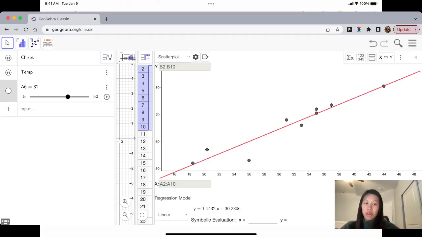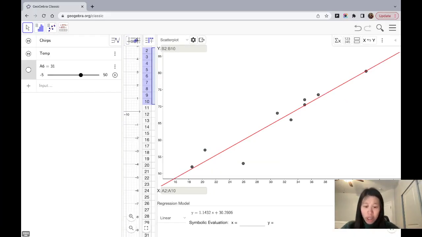GeoGebra will analyze this for you and give you the model: y equals 1.1432x plus 13.2806. That means the slope equals 1.1432, and the b, which is our y-intercept, equals 13.2806.